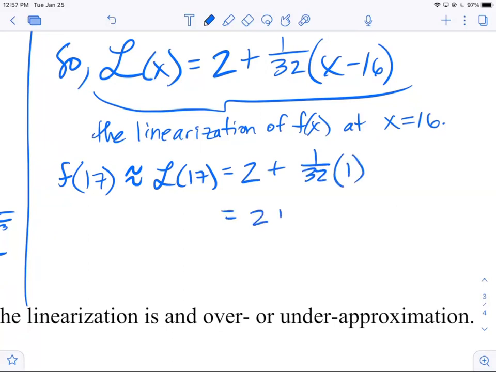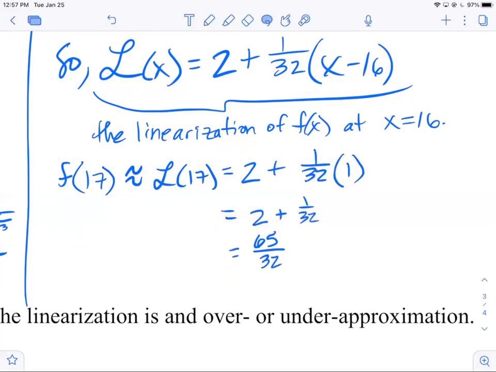So that's 2 plus 1/32, which you may not know as a decimal. It's a 4th of 0.125. So let's just write this one as a fraction. 2 is the same as 64 thirty-seconds, so 65 thirty-seconds.